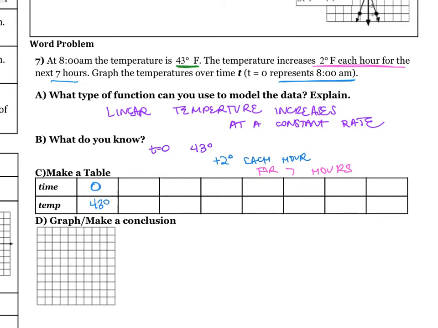Now, each hour, so let's just label as 1, 2, 3, 4, 5, 6, 7 hours. So if it's 43 degrees for the first hour, the next hour it's going to be what? 45 degrees. Sorry, let me fix that. So this is 45, then 47, 49, 51, 53, 55, and 57 degrees.